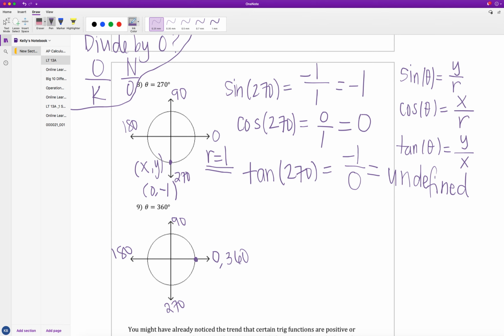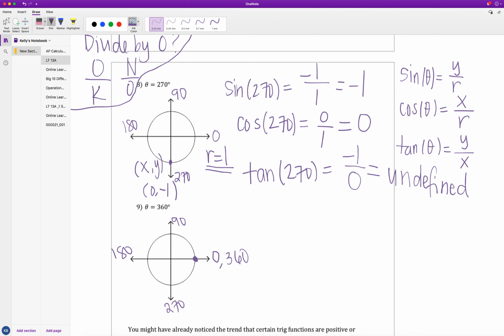So although we can find sine, cosine, tangent for anything on the unit circle, once I start wrapping around multiple times again, I'm just going to get the same values because the angles I'm inputting are coterminal. So you guys are going to start to notice a lot of patterns repeat as you go through your exit ticket. So 360, positive x-axis.